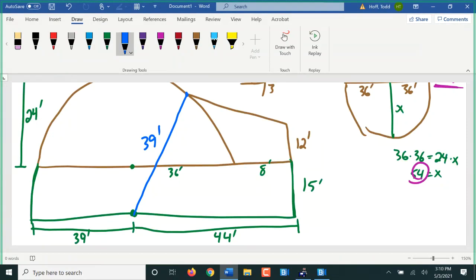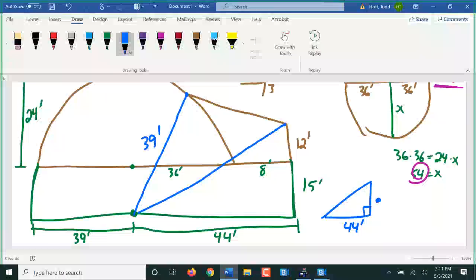We'll come back to that in a little bit once we have calculated some further information here. I want to connect this corner up here down to the center of my circle, and I'm going to look at that triangle there. This one here, this is 44 feet on the bottom. What's this over here? 27. 27, good, as the 12 plus the 15.